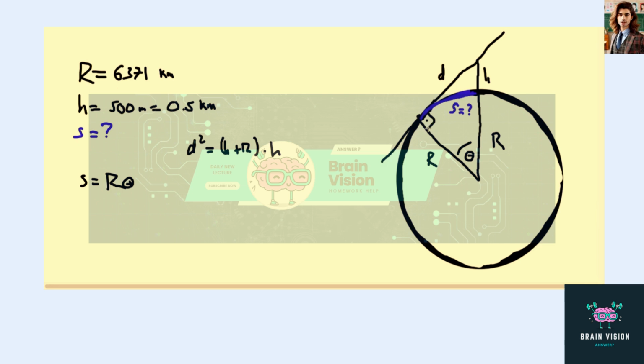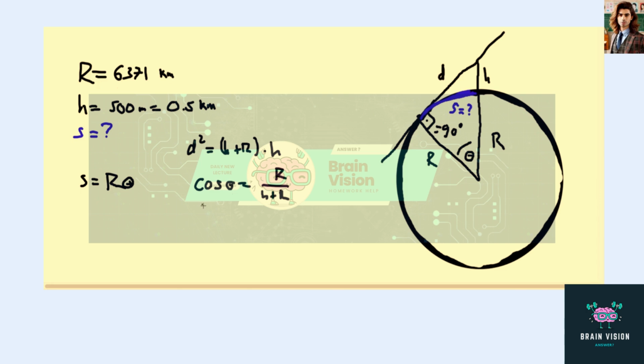So if this is 90 degrees over here, then you can figure out what this angle theta is, because the cosine of theta is going to be equal to the length of the side next to the angle, r, over the hypotenuse, which is h plus r in this case. So we're going to have r over h plus r is equal to cosine theta.